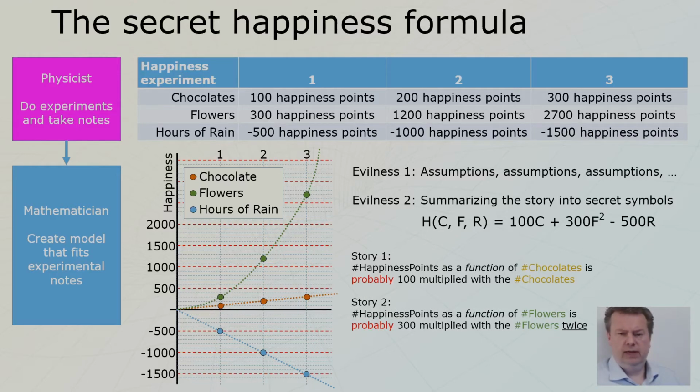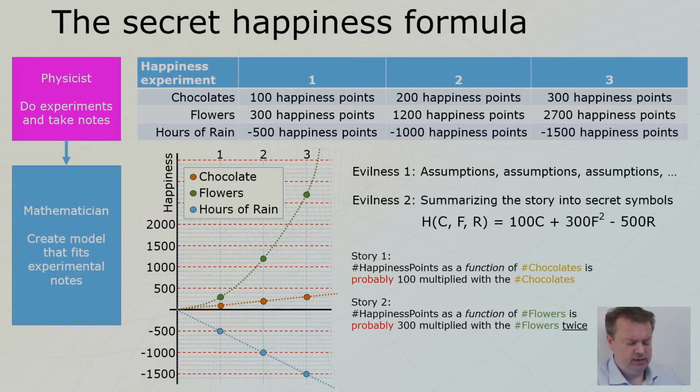He also could have said, if I look at the flowers and if I multiply the number of bouquets you received by itself and then multiply it by 300, I get your data points. Let's do this for the second bouquet. She got 2 bouquets, so it's 2 multiplied by 2 equals 4, multiplied by 300 equals 1200.